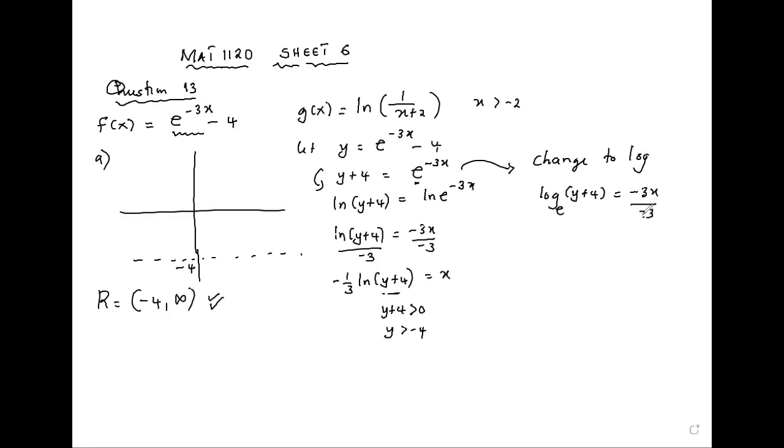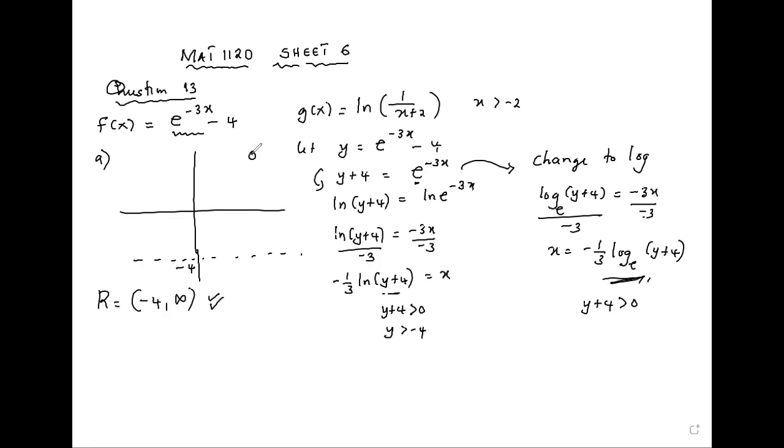Then divide by negative 3. So we have x equals negative 1 over 3 log base e of y plus 4. And then you get the domain. So you say y plus 4 should be bigger than 0. That's how you solve that one there.